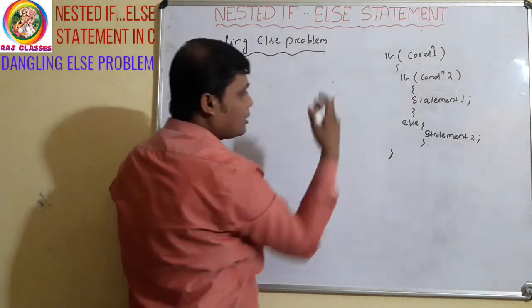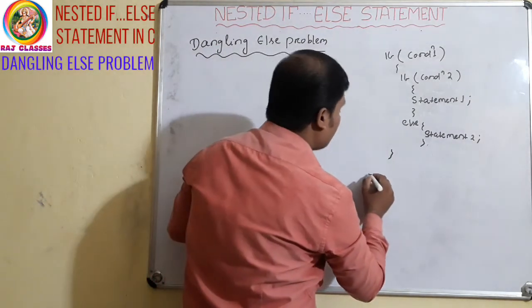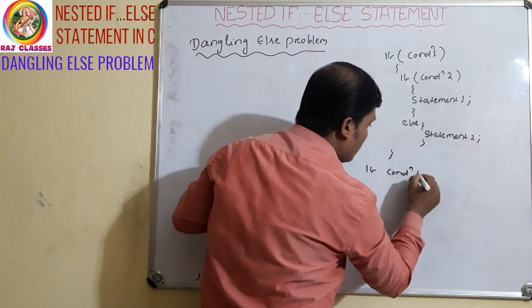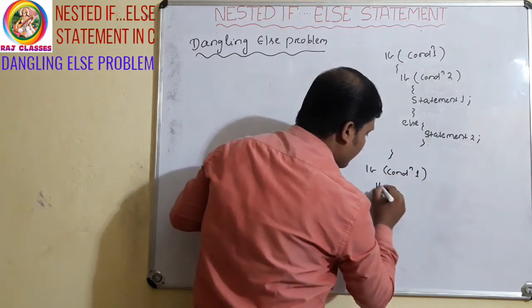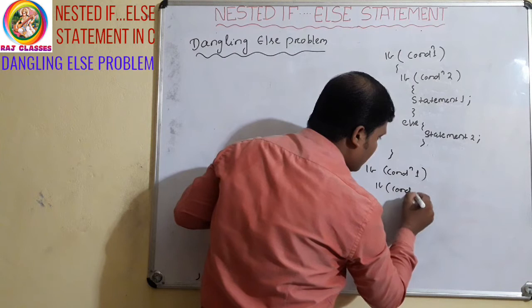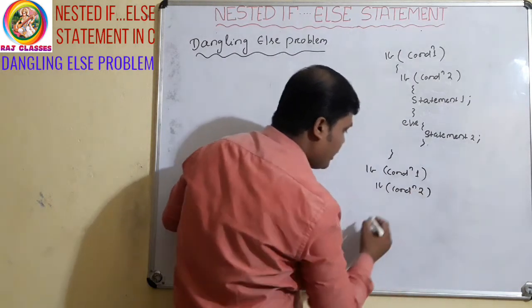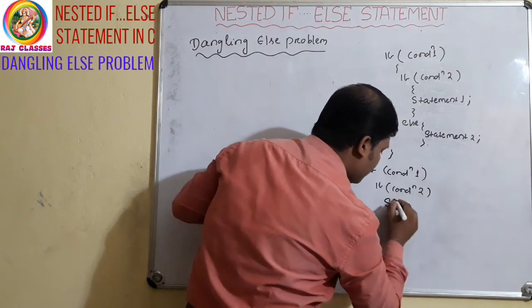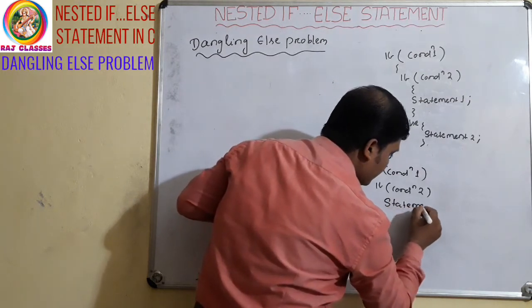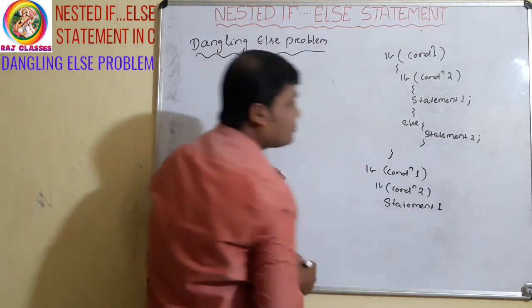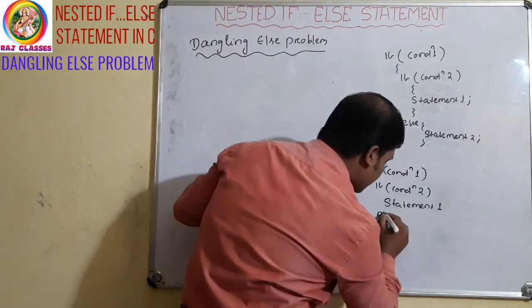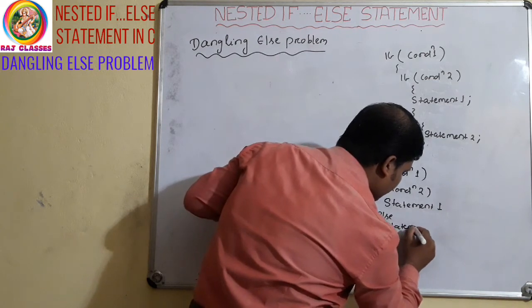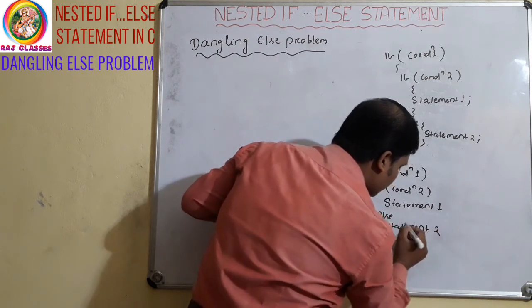Suppose I am writing this without proper order. Just see. If condition 1, if condition 2, printf statement 1, else statement 2.